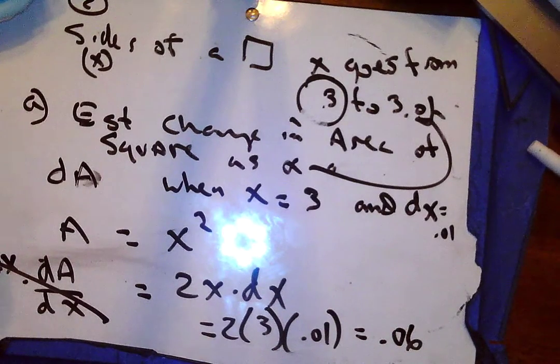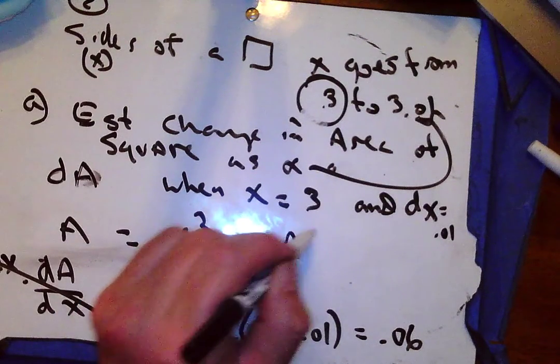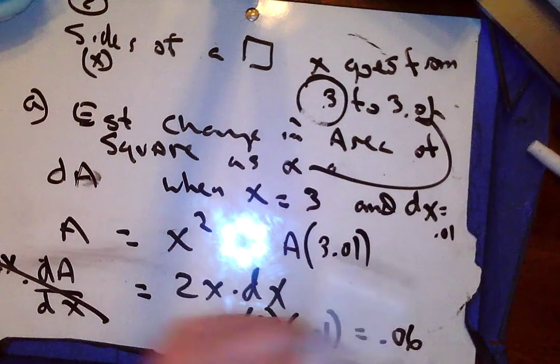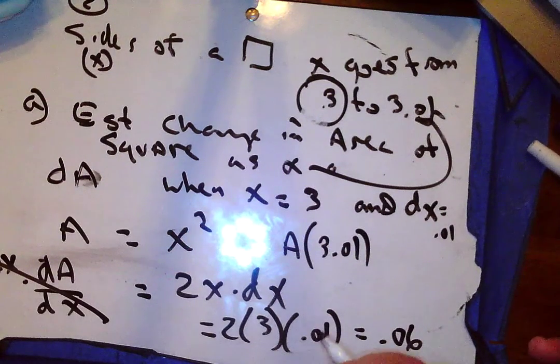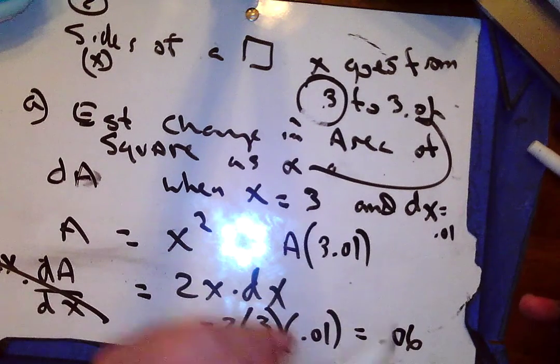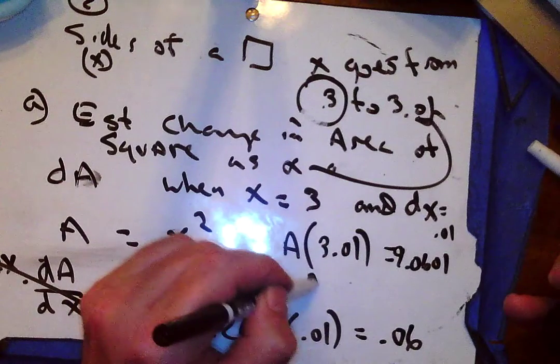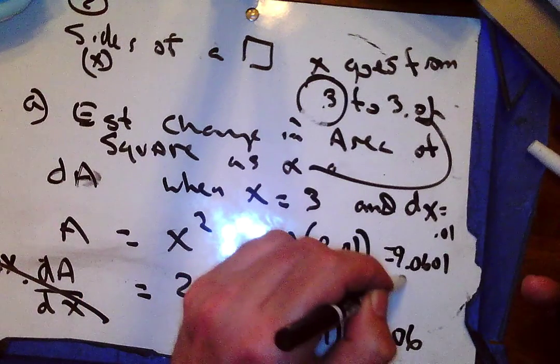Okay, and we could certainly look at what's the actual change in area. We could say, hey, what's A of 3.01? My calculator says 3.01 squared equals 9.0601, as opposed to A of 3, which is 9.